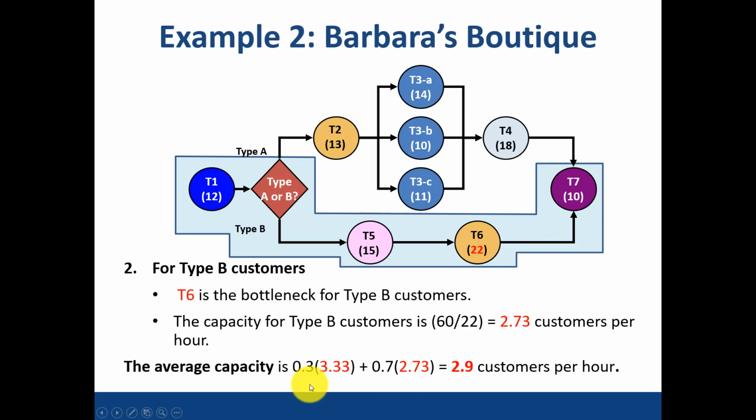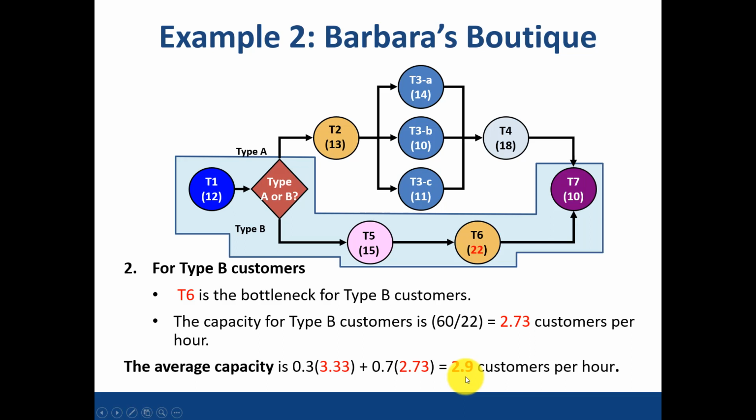Once again, have a closer look at this equation. We have a percentage for A, and that is its respective speed, and the percentage for B, 70, and that is its respective speed. So we are kind of averaging, kind of approximating the total Barbara's Boutique system capacity. We can say that it is 2.9.